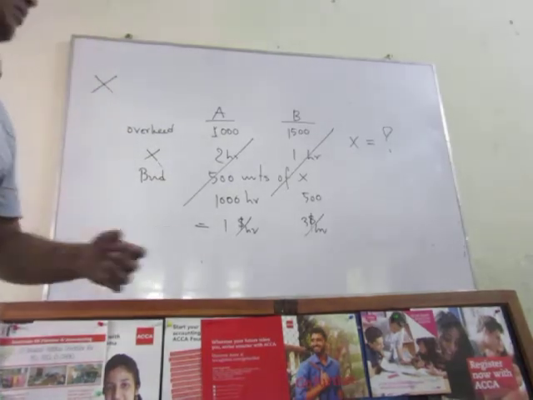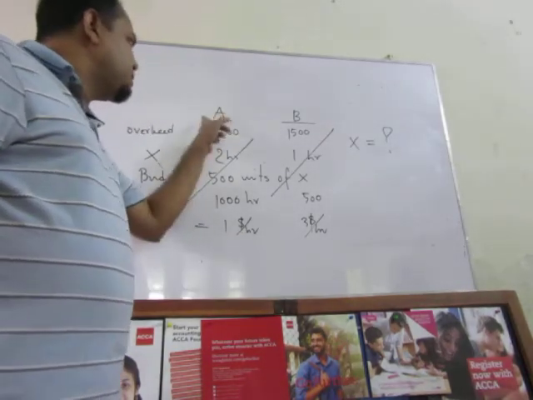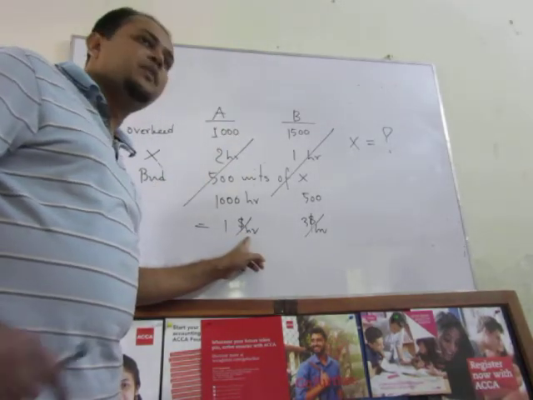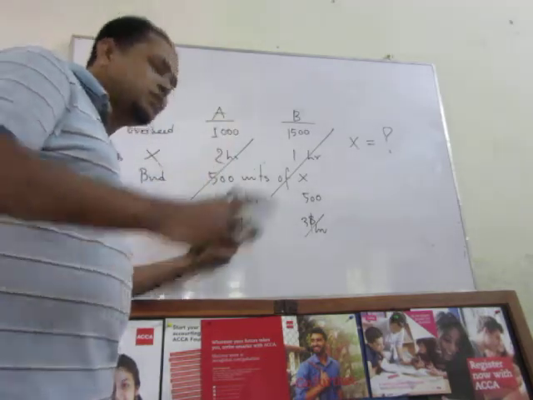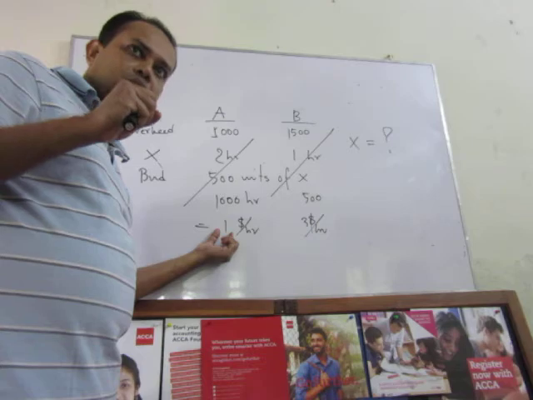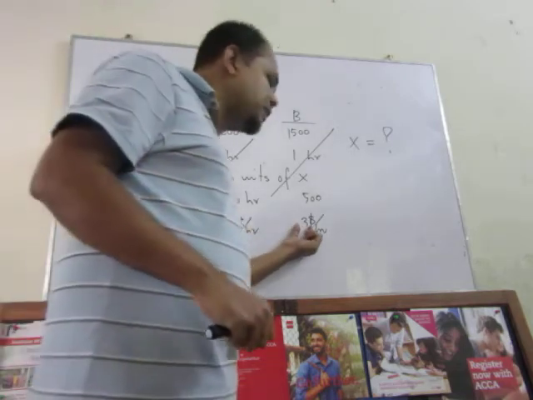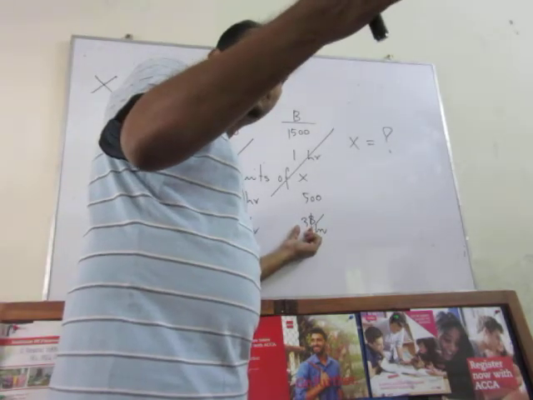What does it mean? When each department is involved in any kind of activity for 1 hour, each individual hour this department is absorbing $1, whereas this department is absorbing $3.